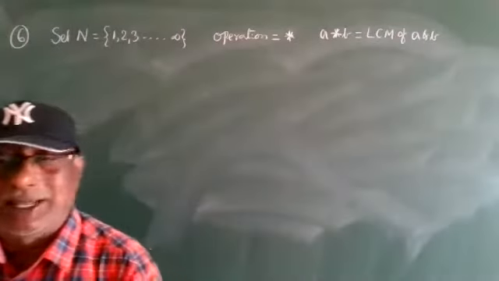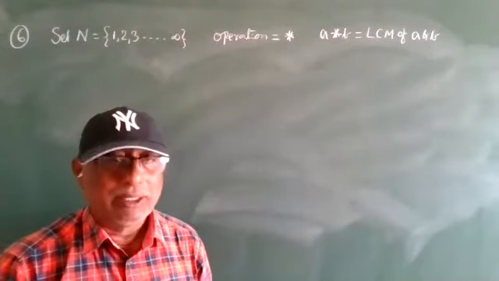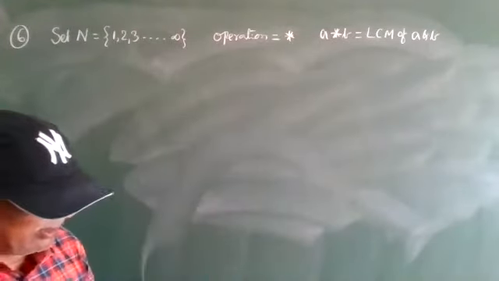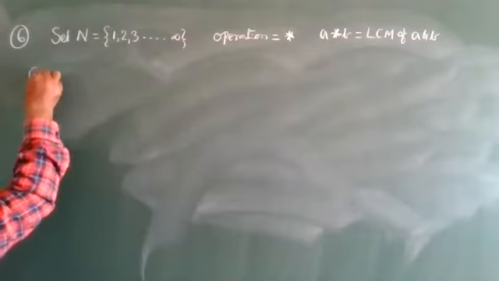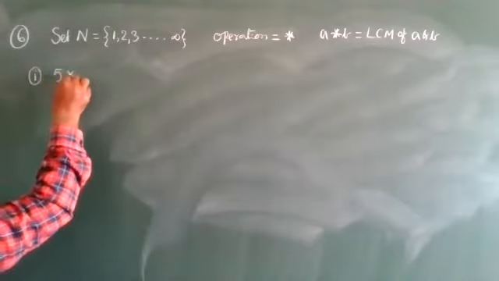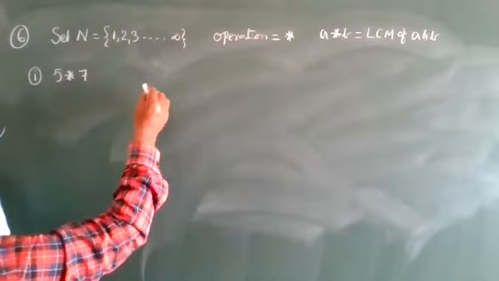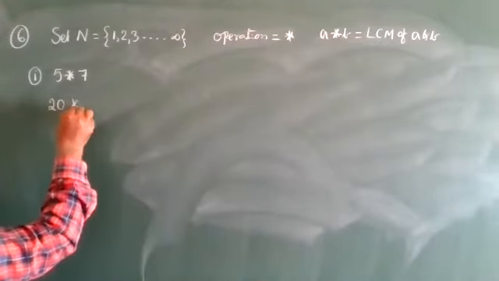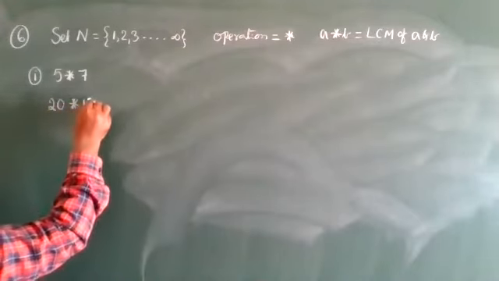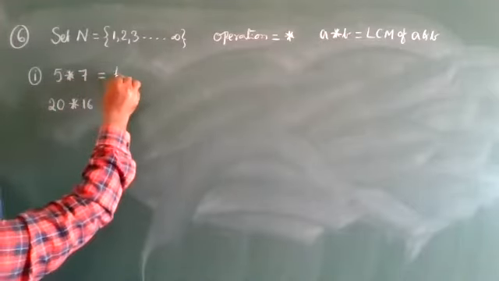Everyone already knows the LCM, so we should work out the problem immediately. The first bit is 5 star 7 and 20 star 16. Star is the LCM of two numbers.